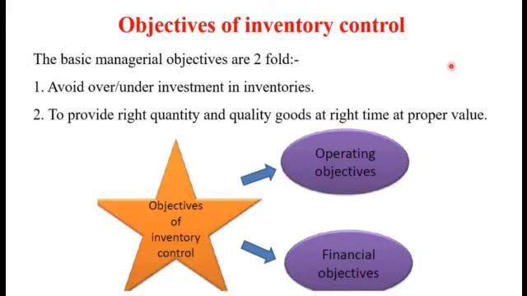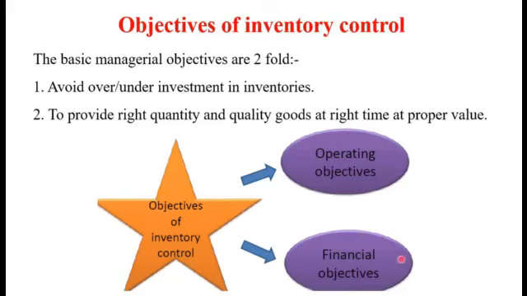The basic managerial objectives are two main points. Avoid over or under investment in inventories, that is, avoid shortage of material, under investment or over investment in industries. And provide the right quantity and quality of goods at the right time at the proper value. So inventory control is required. These objectives are of two kinds: operating objectives and financial objectives.